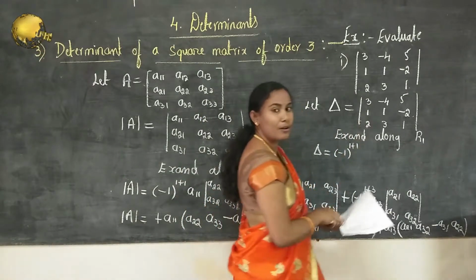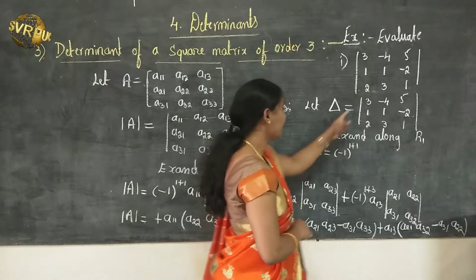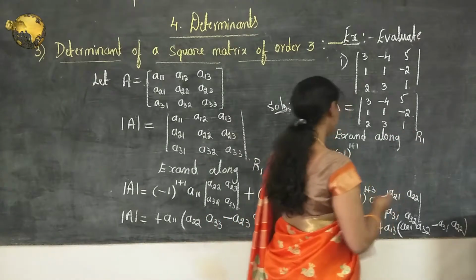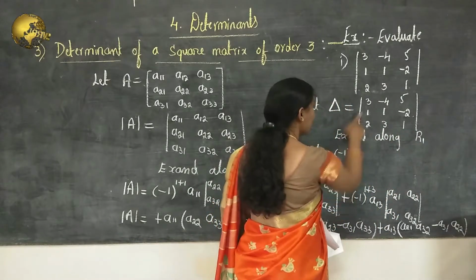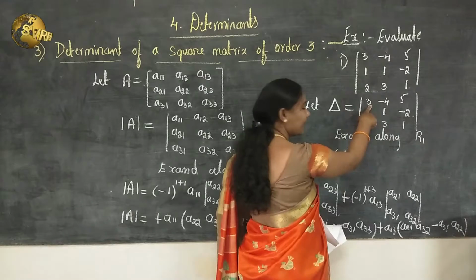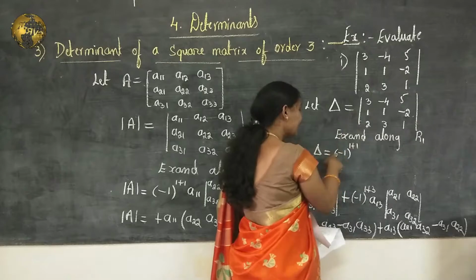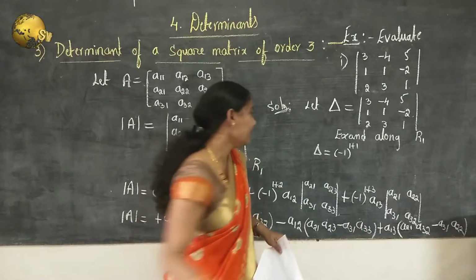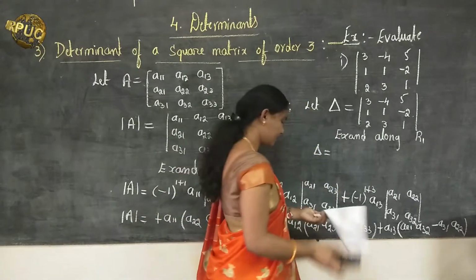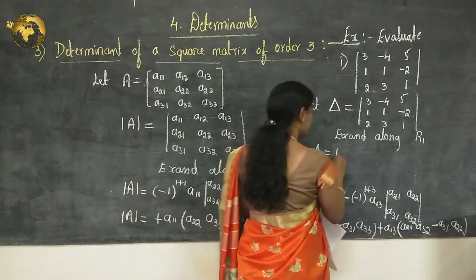Or if you know the pattern, we can follow another pattern. Already it is the A11 element, so 1 plus 1 is an even number, so we can neglect this and write directly a plus sign.